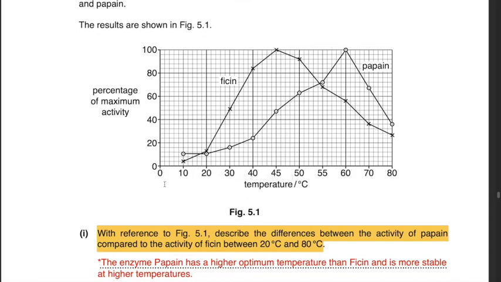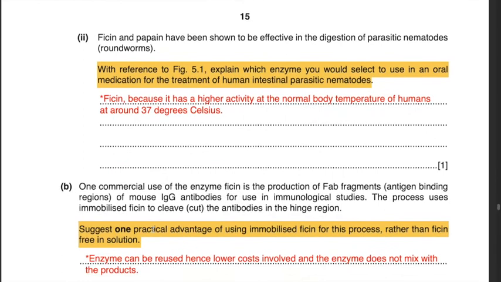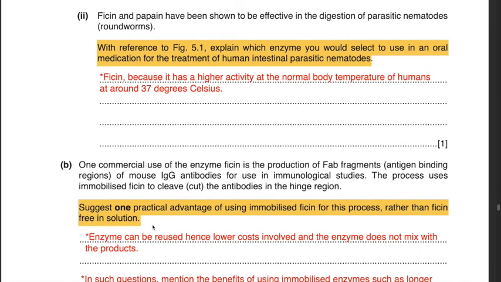Therefore, ficin, because it has a higher activity at the normal body temperature of humans at around 37 degrees Celsius. Writing that point would earn you 1 mark.